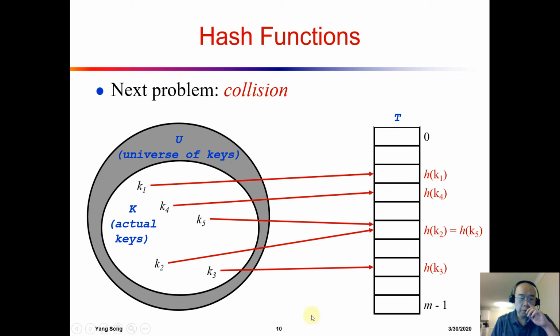If we have the key 5 and the key 2, and we send both to the hash function, and we assume that the hash function is h, then h(k2) equals h(k5), and we will have a collision because after applying the hash function, both key 5 and key 2 will be mapped to the same slot.